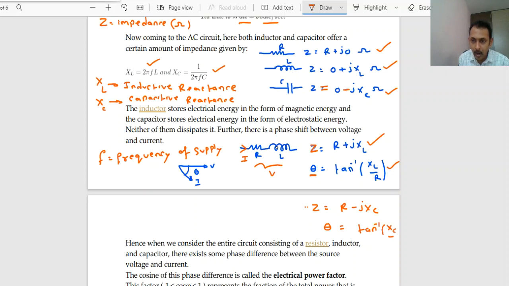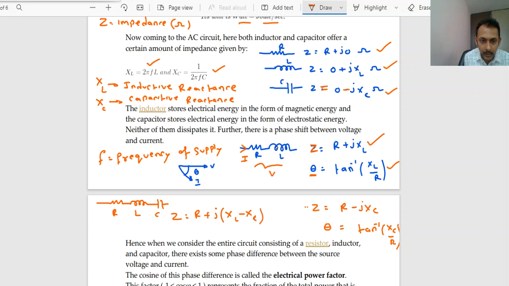If you are having all three together, for example resistor, inductor and capacitor all in series, then Z equals R plus j bracket of XL minus XC.